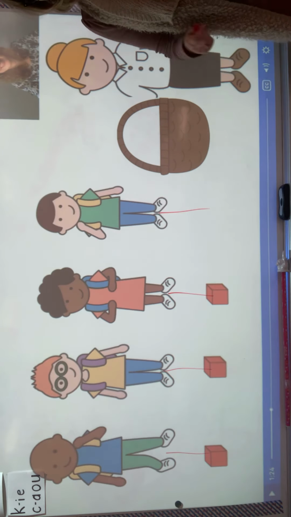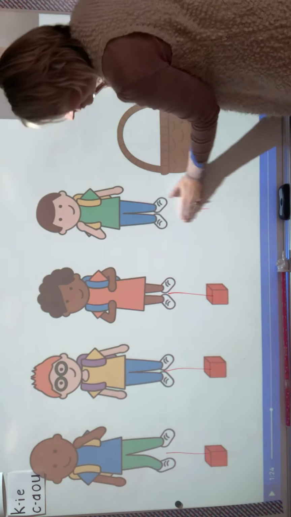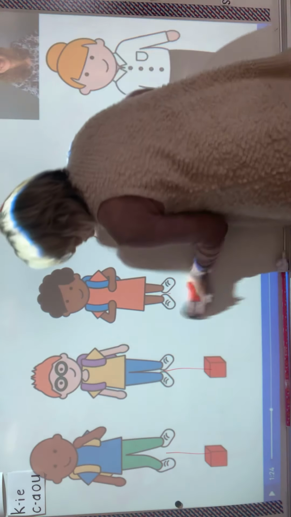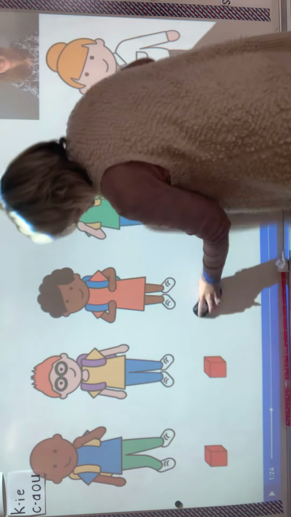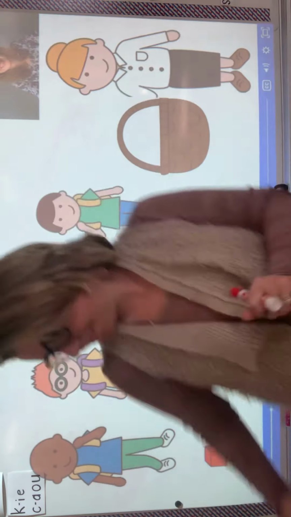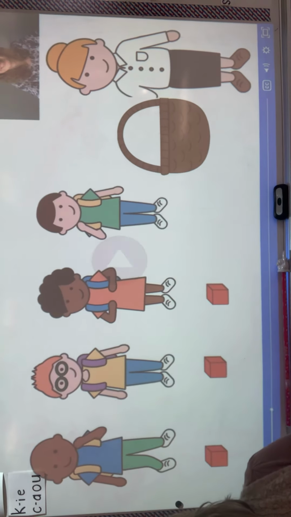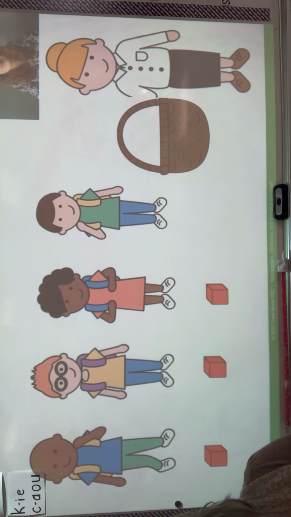So there are not enough. Very good. I heard you whispering that no, there are not enough. There were more students than blocks.